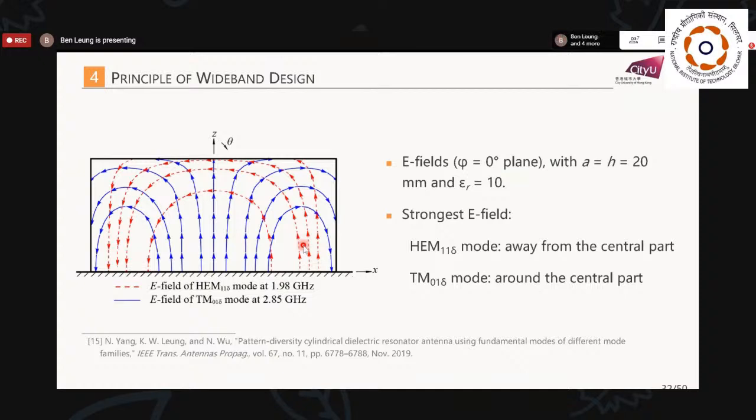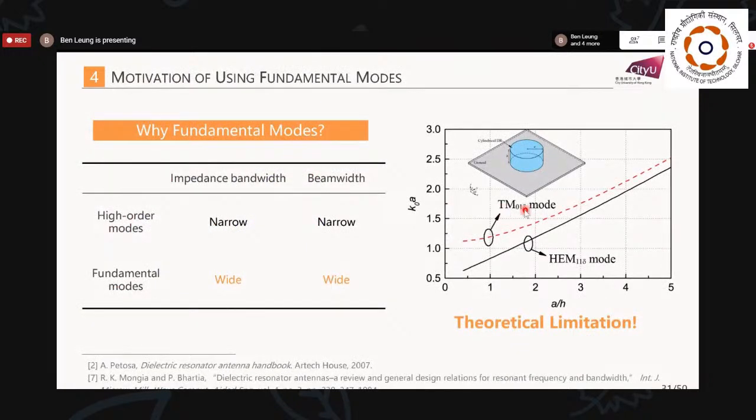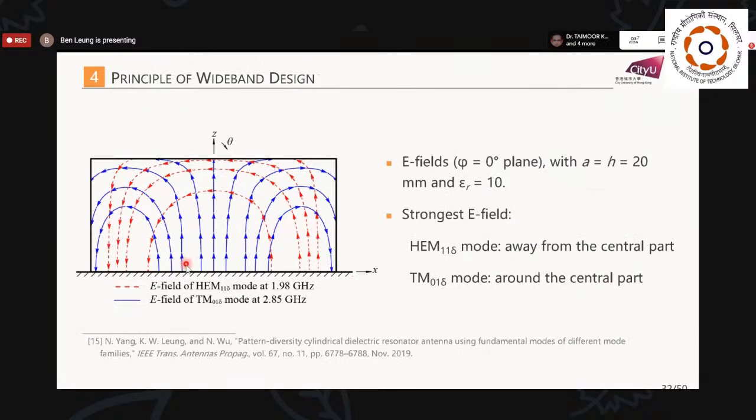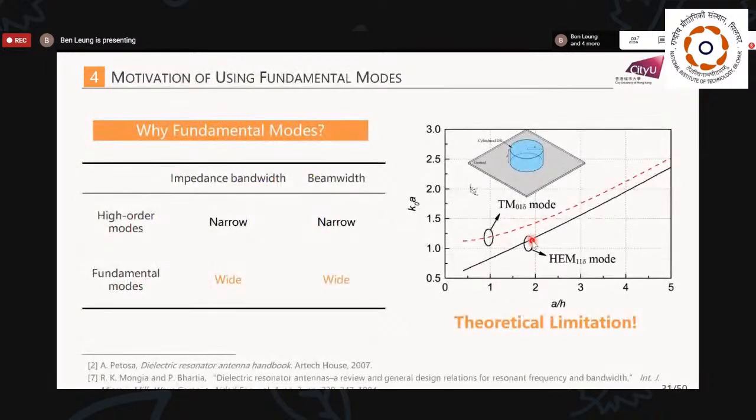Now, also observe that, going back to this graph, the TM mode has a higher frequency. Therefore, we introduce a higher dielectric constant material so that it will shift the frequency of the TM mode to a lower value. When it has a lower value, hopefully it will have some intersection with this HEM11δ mode, because for diversity design, we need to have the same frequency for the two modes.